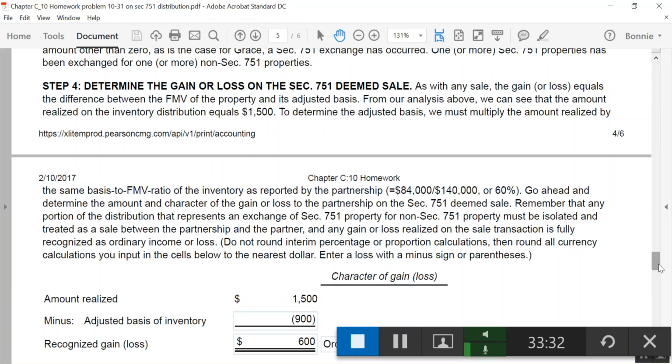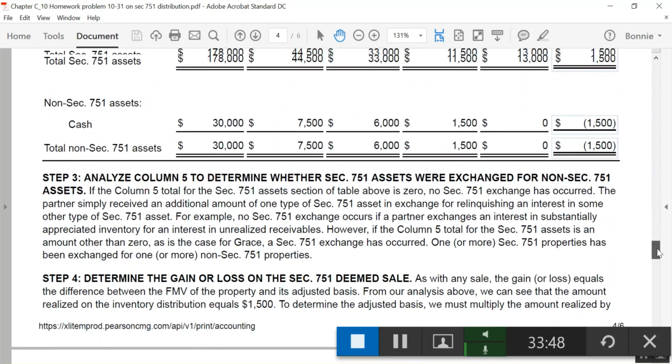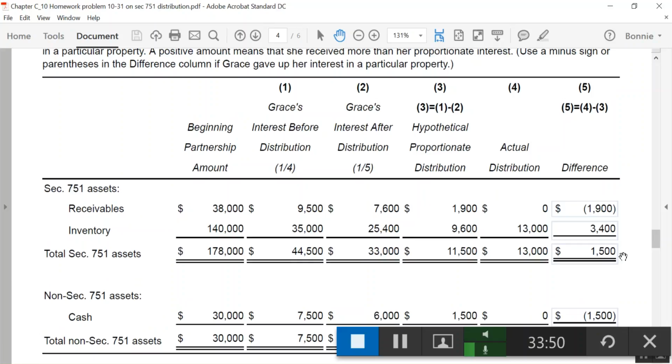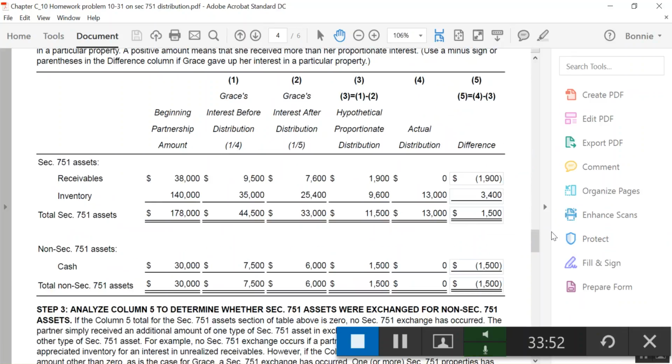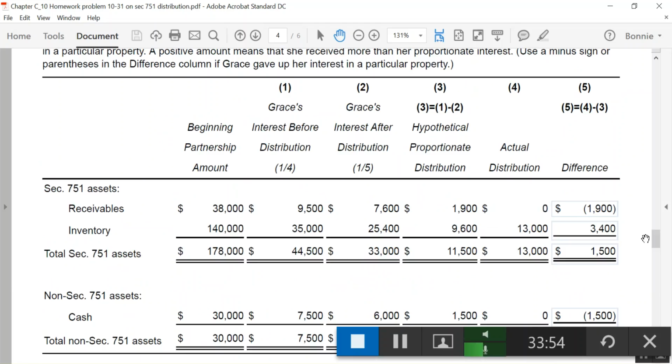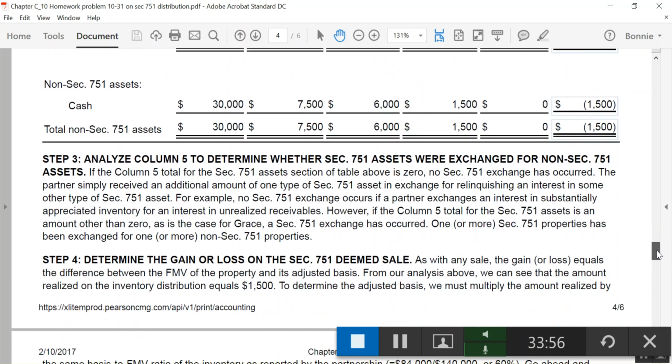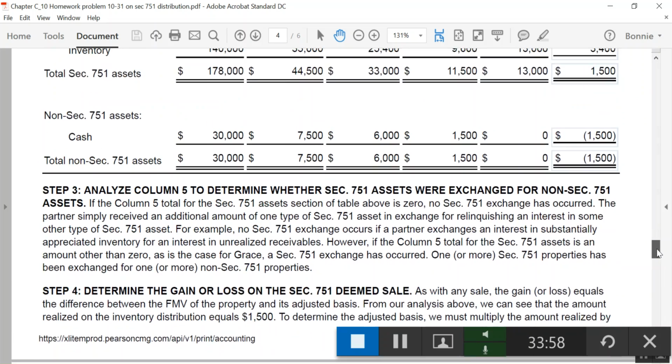So the important thing, as you'll see below, is how this is affecting the other partners in the partnership, because this is actually a deemed sale by the partnership to the partner. And it could happen the other way, except because of the way the pluses and minuses are working here, in our case, it's actually a deemed sale by the partnership.